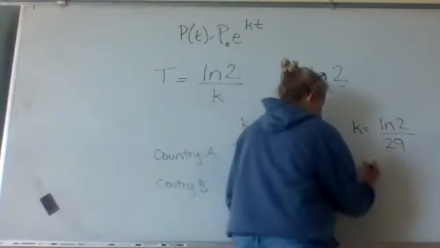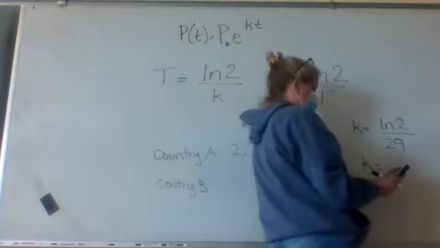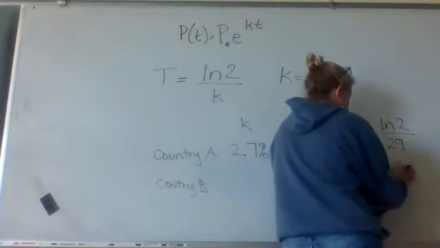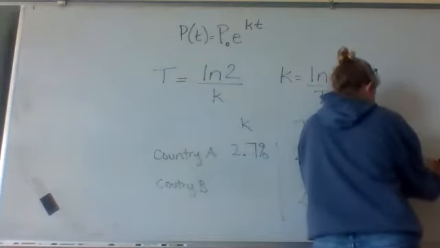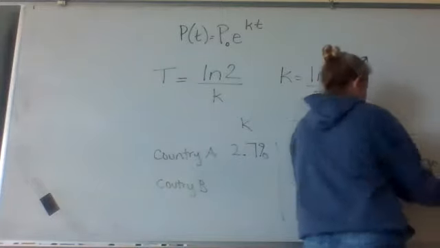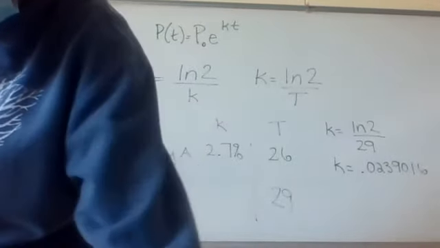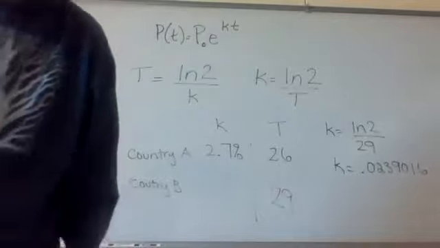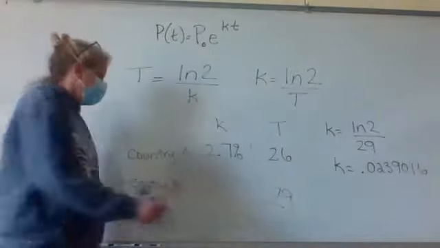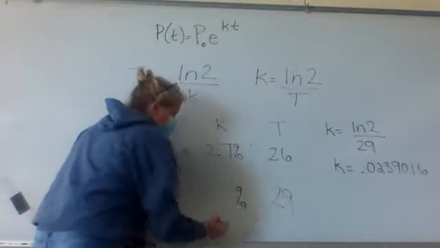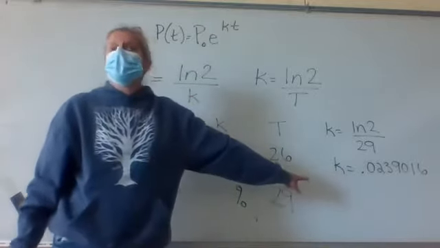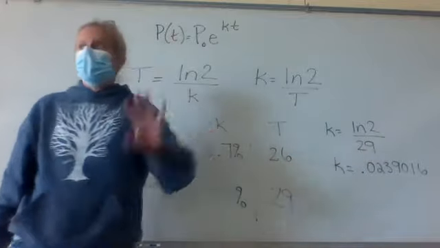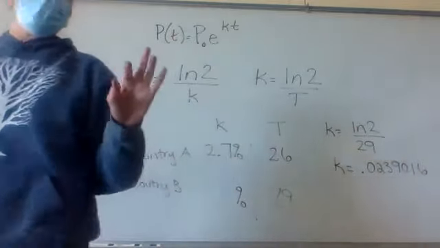And I'll just write this out several decimal places, and then I'll see how it wants me to write it. 0.0239016. Okay, it wants me to round growth rate to the nearest tenth. First thing I need to do is turn this into a percentage and then round that percentage to the nearest tenth.